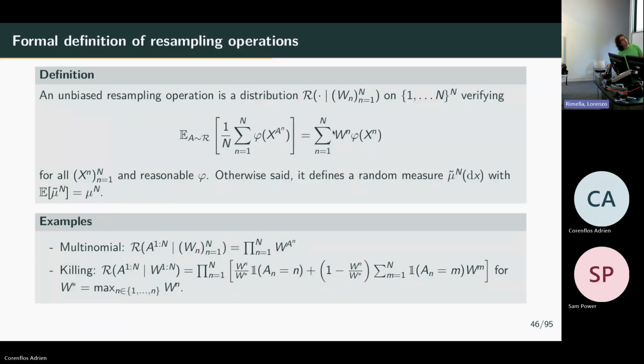So if you look at the right-hand side, this is your importance weighted expectation, which corresponds to the empirical distribution of your particles. And on the left-hand side, it's the average expectation of the resampled distribution. So if I resample my particles, I want that on average I get the right solution. Okay.